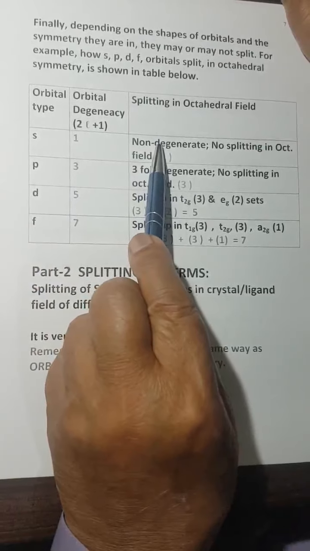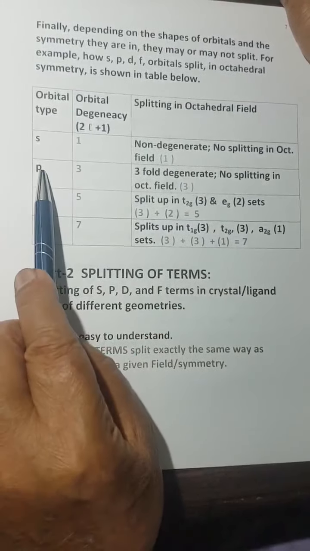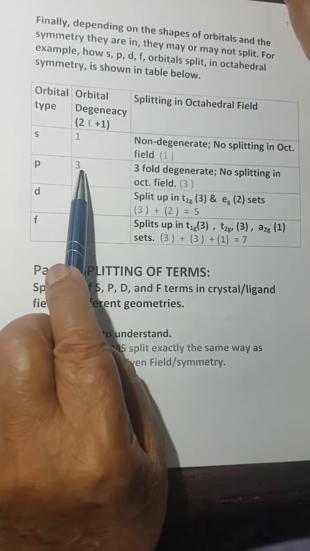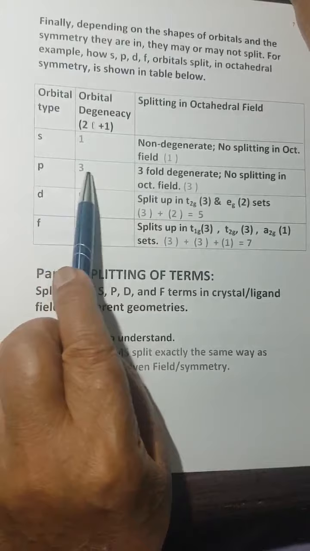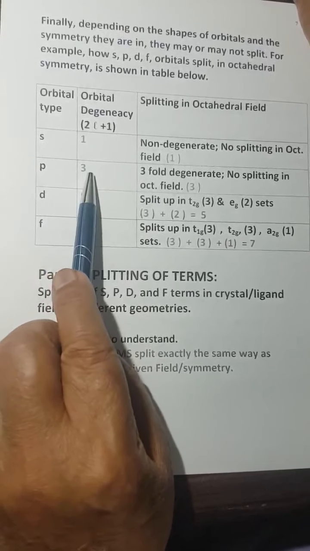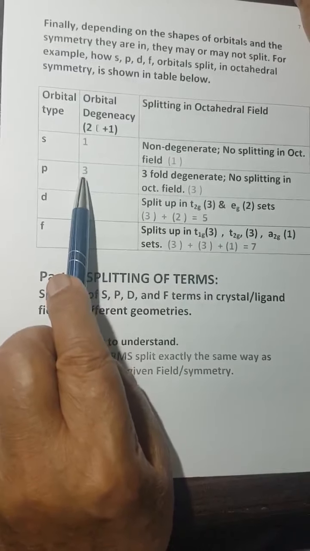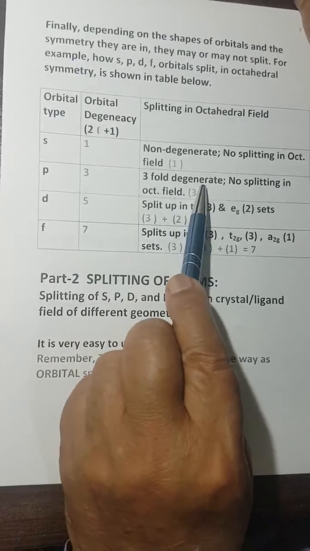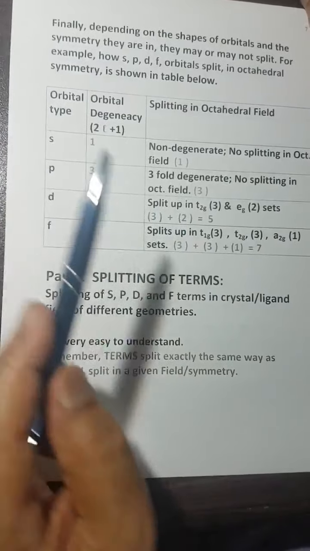It is non-degenerate, no splitting in octahedral field. For P, 2l plus 1, the degeneracy is 3. That means there are 3 ways in which you can put an electron, or we say threefold degenerate. No splitting in octahedral, as explained before.